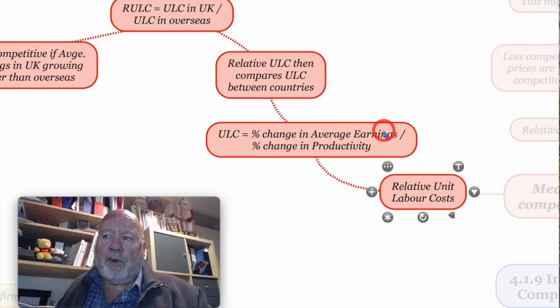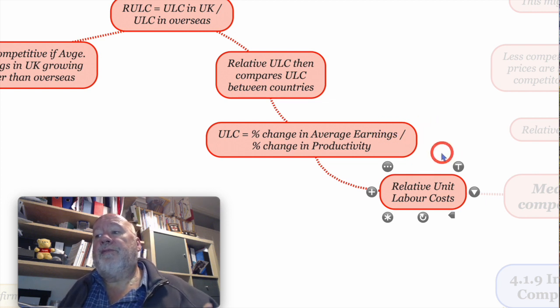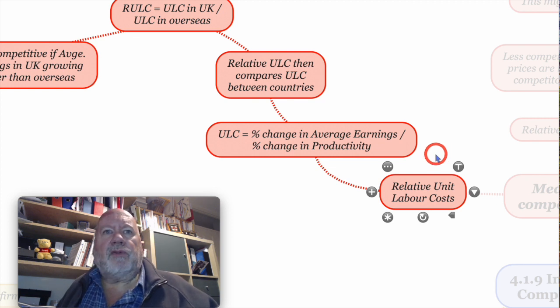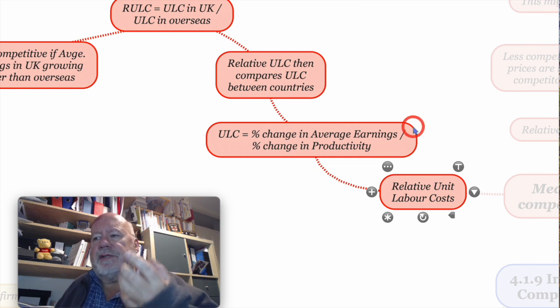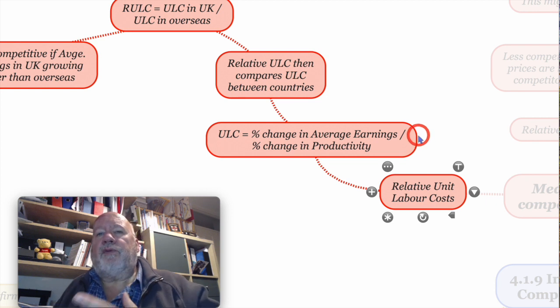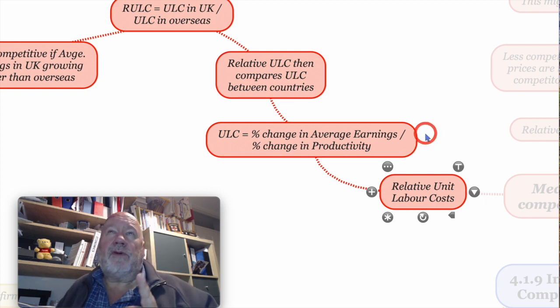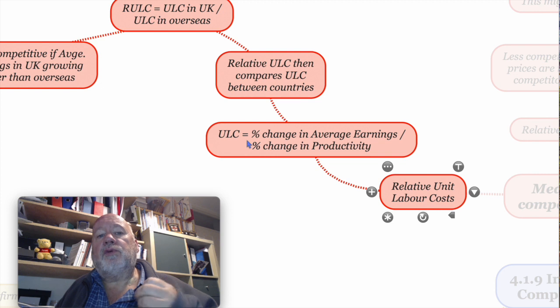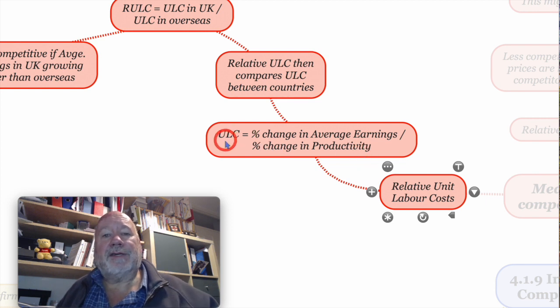Let's give you an example: if average earnings are rising at 5%, but our workers are 5% more productive, they're producing 5% more goods, it's costing us 5% more, so the cost for one good stays the same. However, if we were paying 5% more to our workers and they're only 2% more productive, then obviously the cost of making one good will go up. And so there's this inverse relationship between productivity and unit costs again.